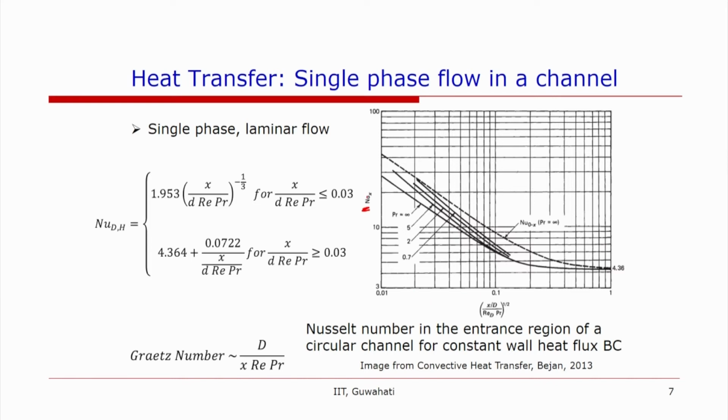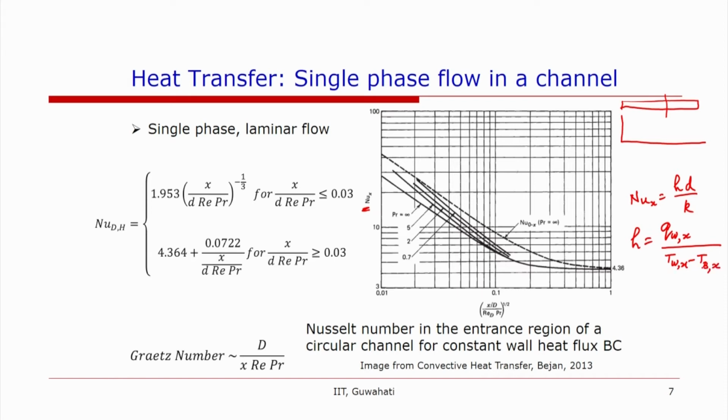When I say local Nusselt number, that means it is being calculated along the length of the channel. So, NuX is h d over k, and h is q wall, because this is constant, over T wall at the x location minus T bulk at the x location.